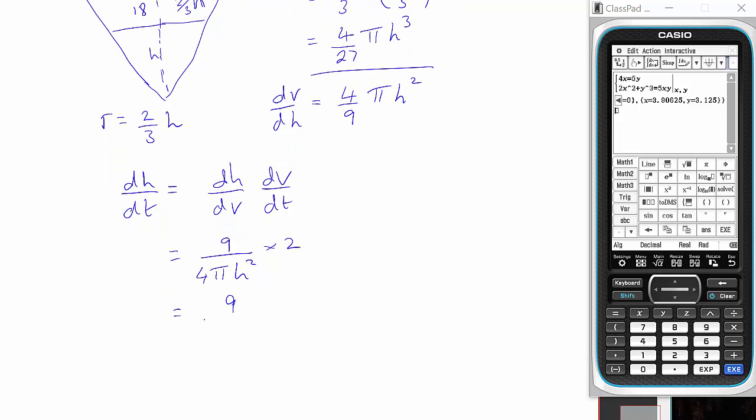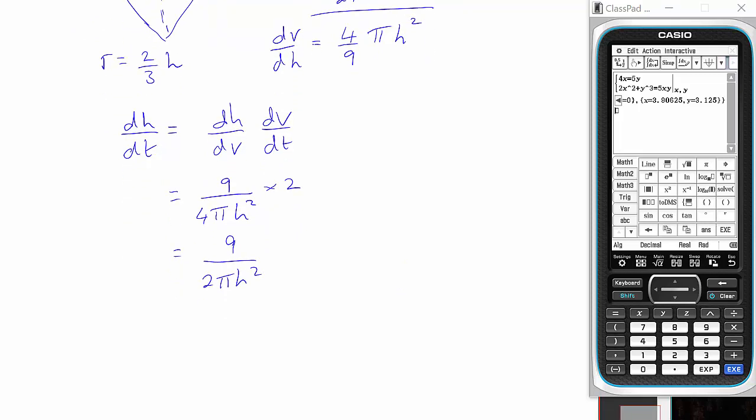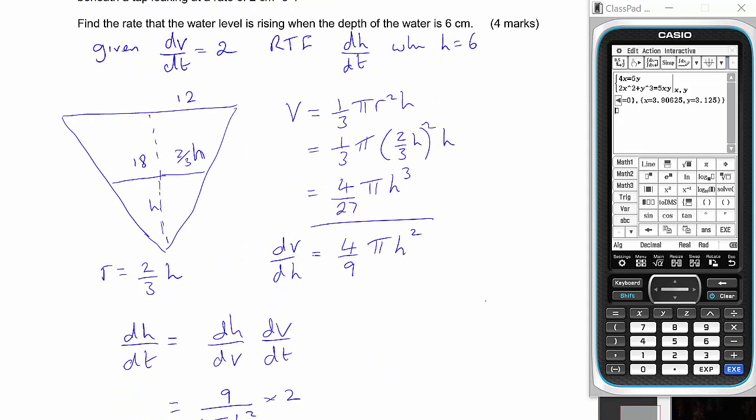So that's giving me 9/2 pi h squared. So dh/dt when h is equal to 6 is going to be 9 over 2 times pi times 36. And we just need to calculate that.